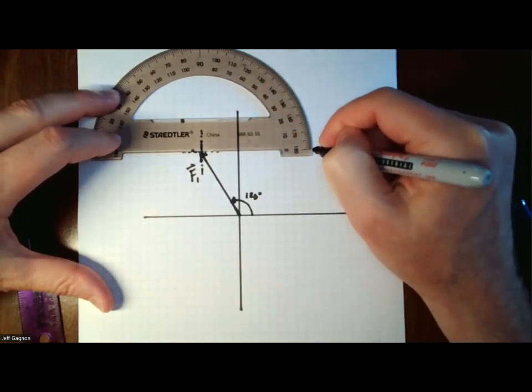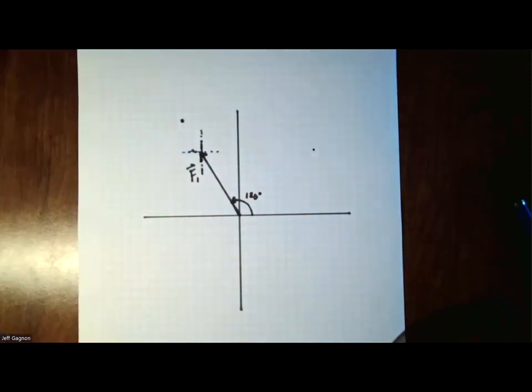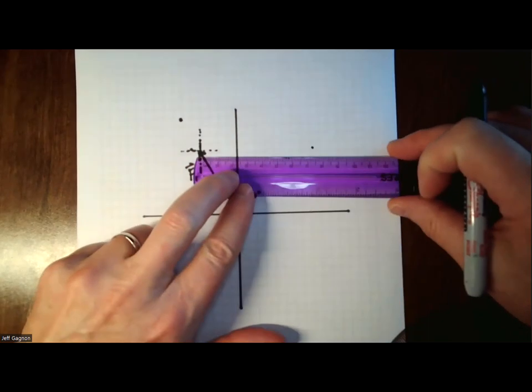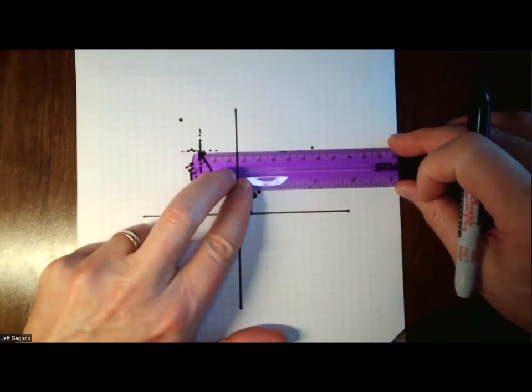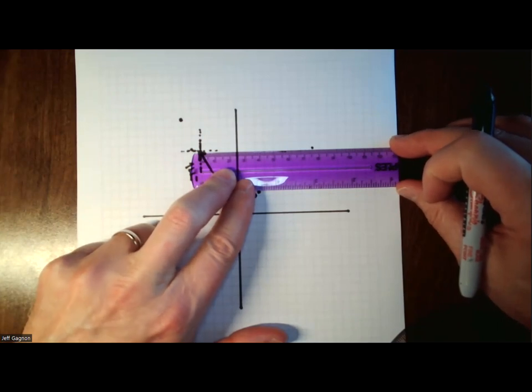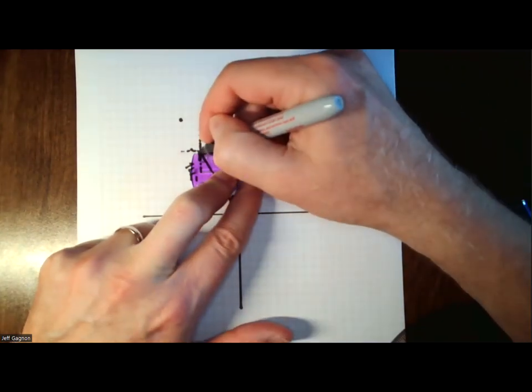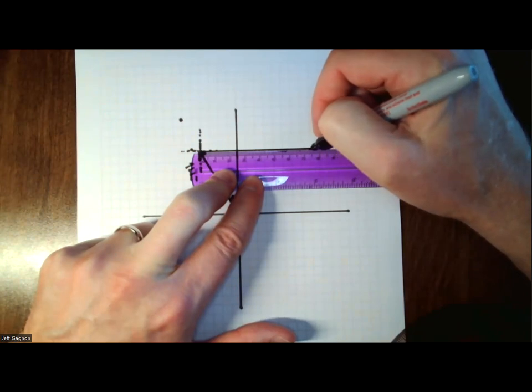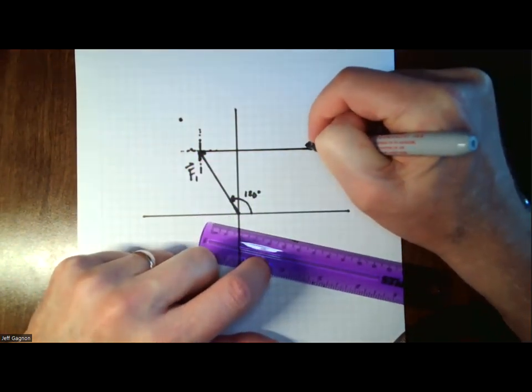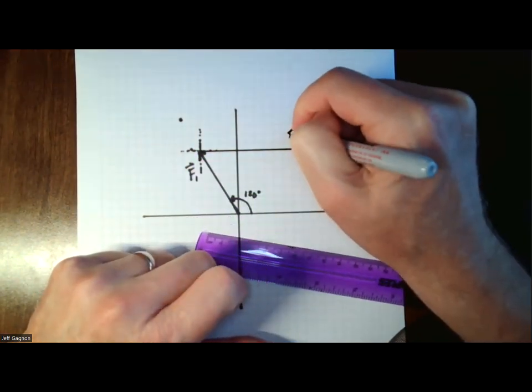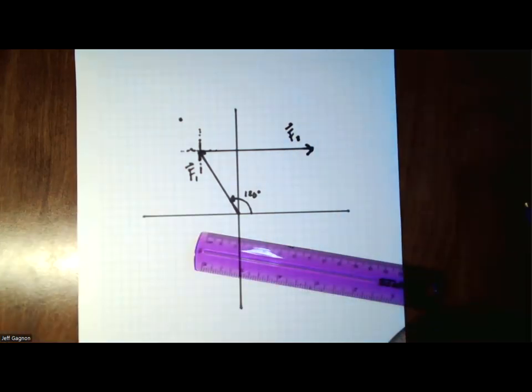So something like this. And I want that one to be, what was it, 7.5 centimeters. Actually, that's pretty close where that dot is. So something like that. So this is F2. And then was at 0 degrees.